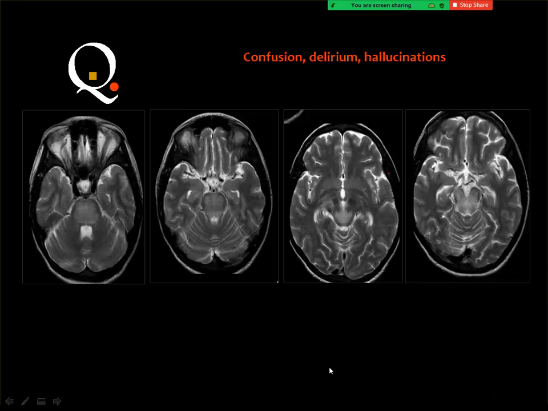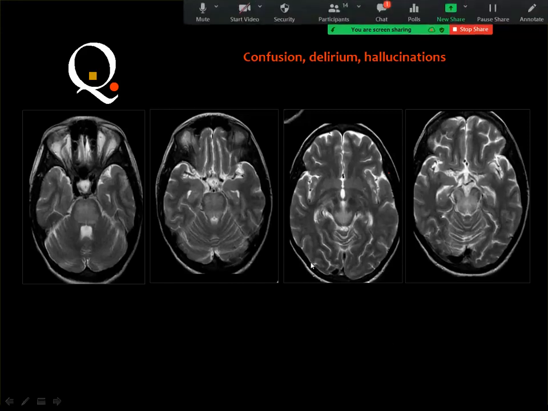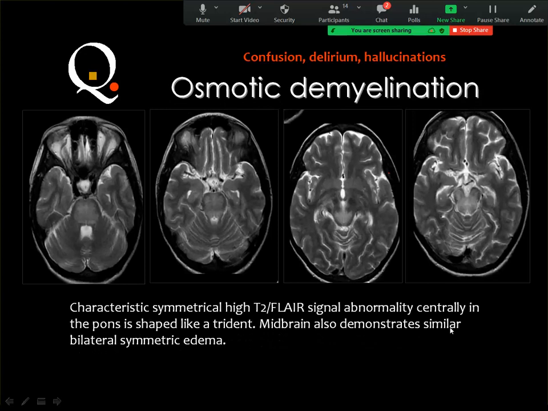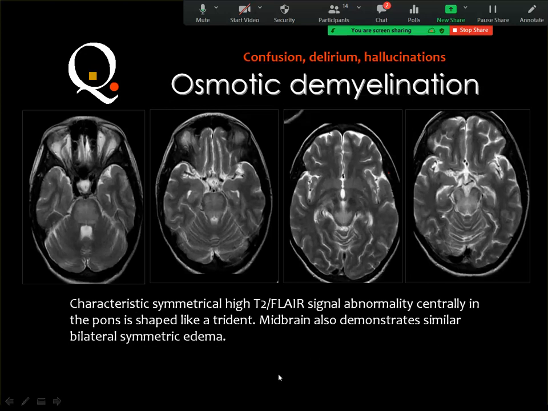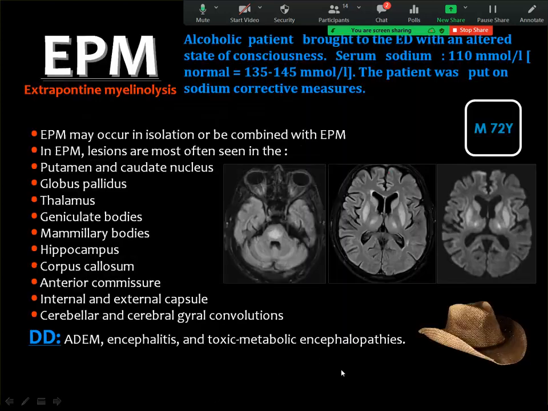I don't think this is alcoholic encephalopathy, but this is central pontine myelinolysis. You see an abnormal signal in the central part of the pons, and then you can see here affecting most of the brain stem, and this is osmotic demyelination or central pontine myelinolysis.